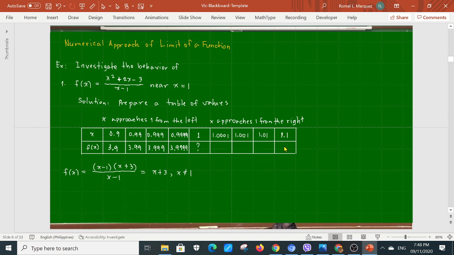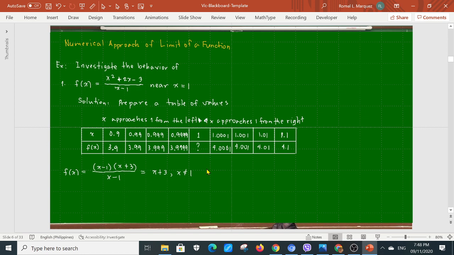Let's see from the right. If I assign 1.1 plus 3, this is 4.1. This is 4.01. This is 4.001. Notice that both from the left and from the right, as x approaches this value, x equals 1, where do you think the function values approach?